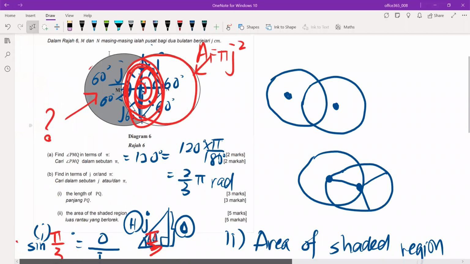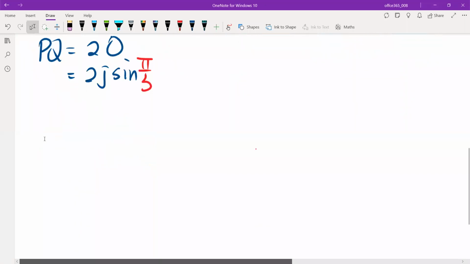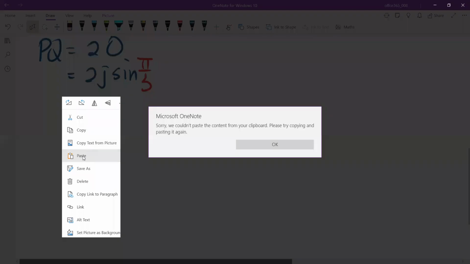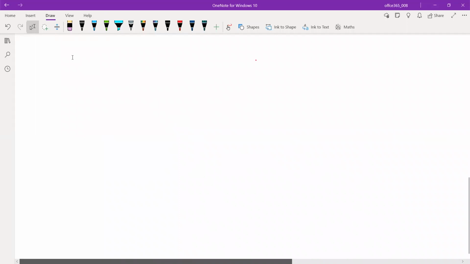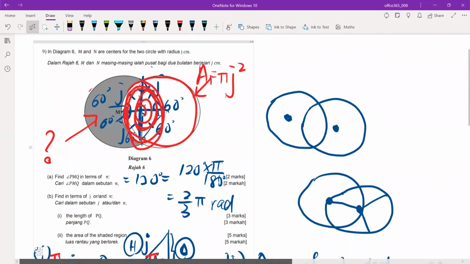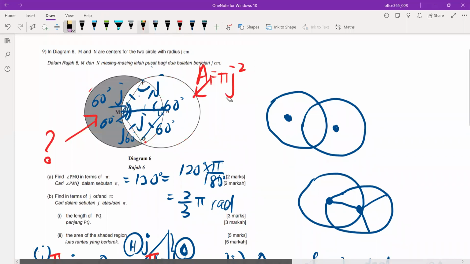This one. Area of sector, you have to check.